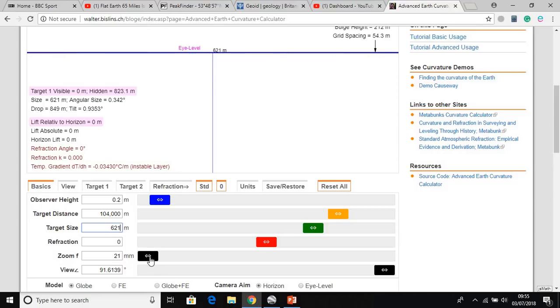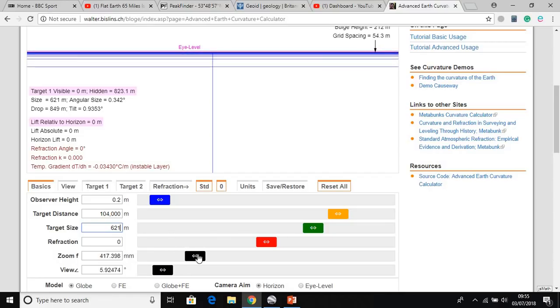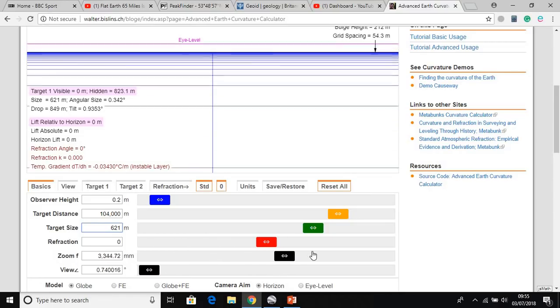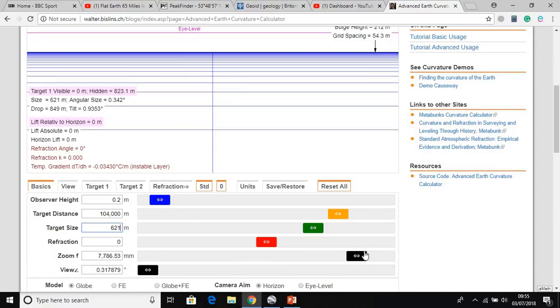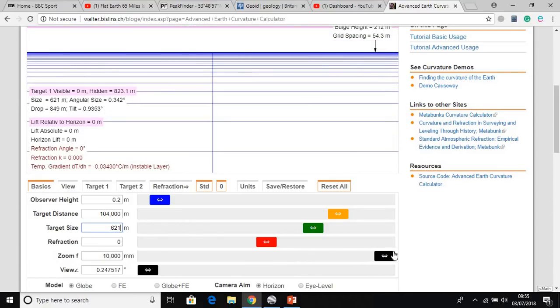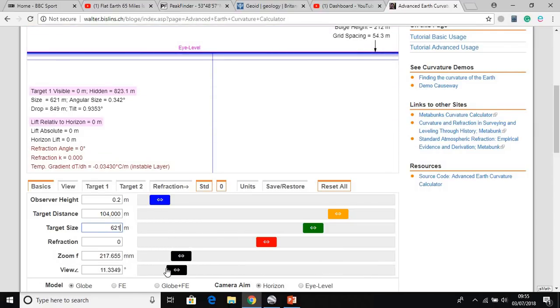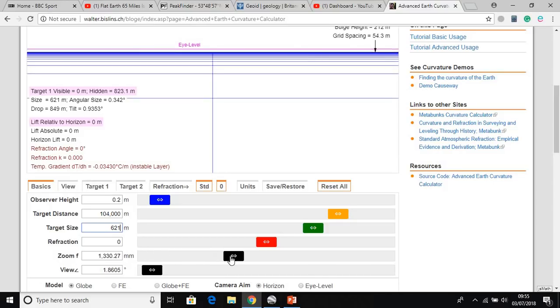So zooming in on our horizon, we quite understandably don't see Snaefell, no matter how much we zoom in. And again, it would appear that the globe model has some problems here. But let's put the zoom in a bit just to help us out.